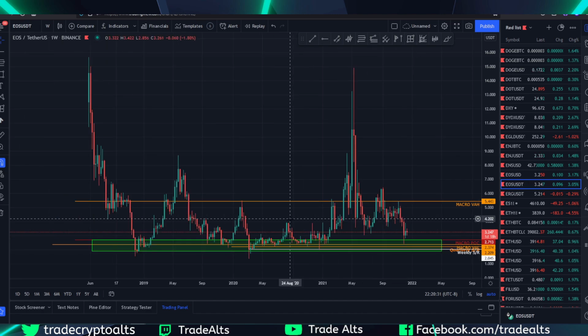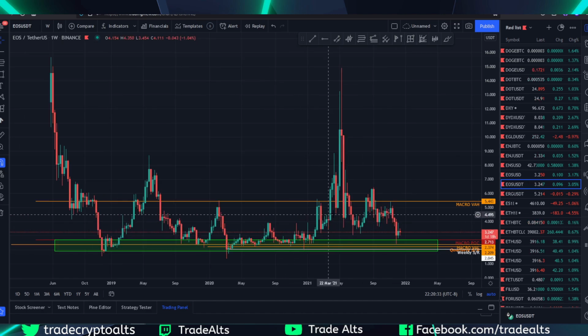But anyway, that's EOS. One thing that I do want to mention is that if you're long from here, you don't have to take all your profit off of macro value high. Obviously, if you get a big rejection like that, then okay, you probably would want to cut your position. But you can still hold, this thing could still rip higher.